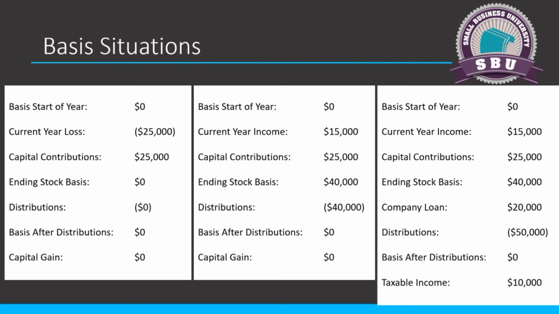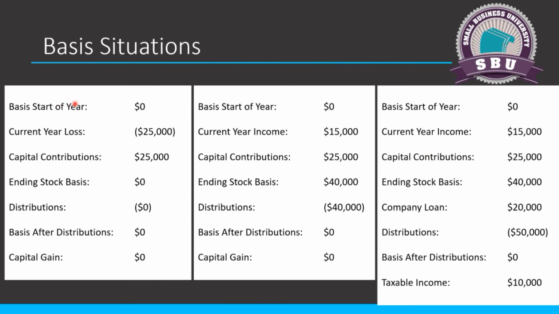If the loan is in the company's name, that is a company loan, and if they distribute that money, you better have enough basis to do it, because if you don't, it's going to be taxable. So what's the trigger event? The real trigger event is these loans. Let me take you through these examples I've got here. So get my laser pointer back out.